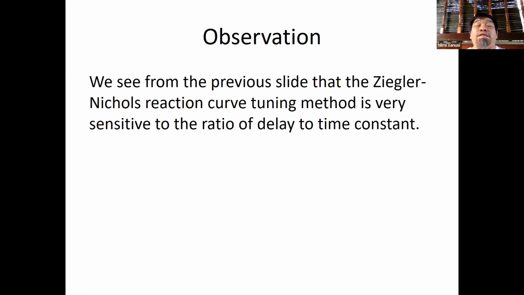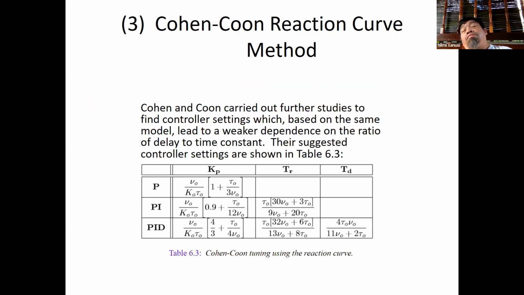Okay, we can see from the reaction curve tuning methods is very sensitive to the ratio of the delay and the time constant. So due to this, ada satu orang lagi lah, dia kata ratio tu tak boleh macam tadi tu, 0.4. Ratio of PI dengan PD ni tak boleh 4. There must be some other value.